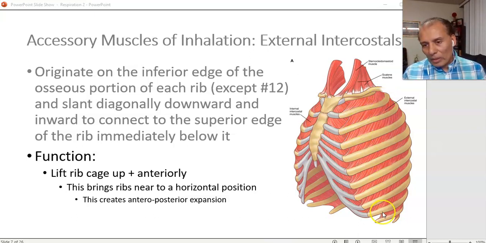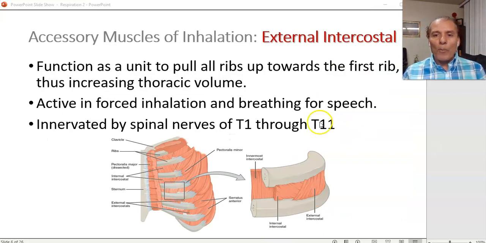And all of these act together as one movement, and they elevate the ribs, all of them together. So they are powerful muscles, the external intercostal muscle as a unit. It is a powerful muscle of inhalation to lift up the thorax in the front.